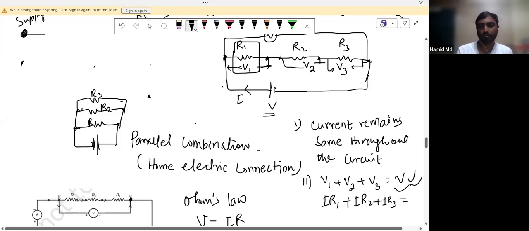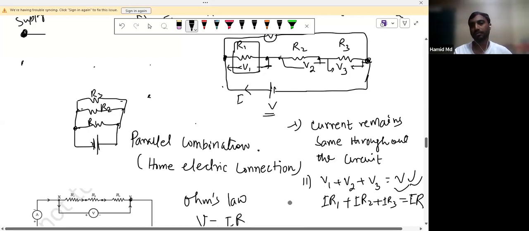So this is the potential drop across each resistance, and we already know that the potential between this point and this point is V, right? So the potential drop across V will be what? The total current of the circuit times the total resistance of the circuit, right? This is clear? Yes, sir. So write this line.